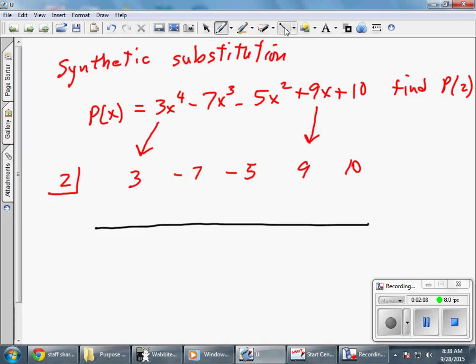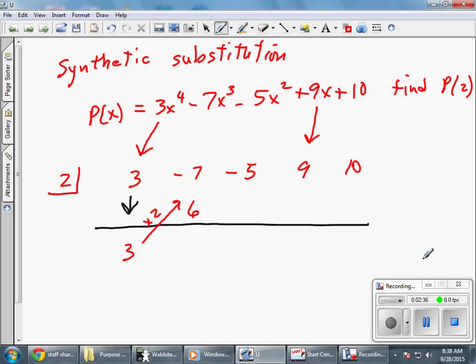And then I just bring down the 3. And I go 3 times 2, and I get 6. The 2 I got from over here, because we're saying what's p of 2? It works.